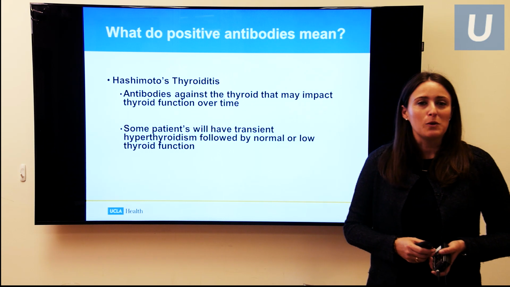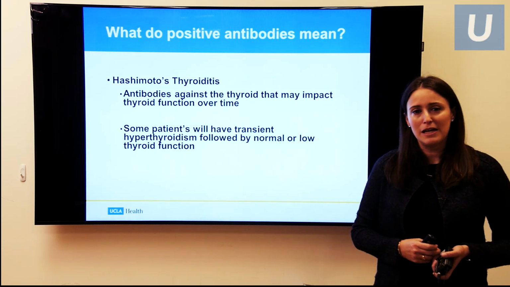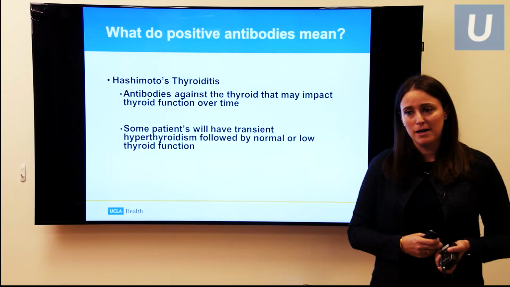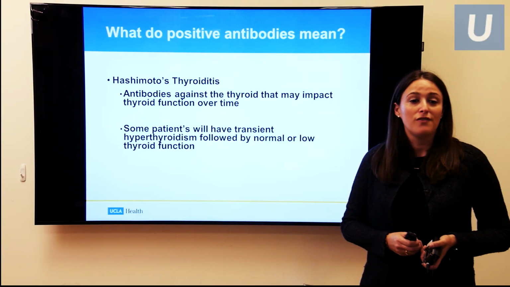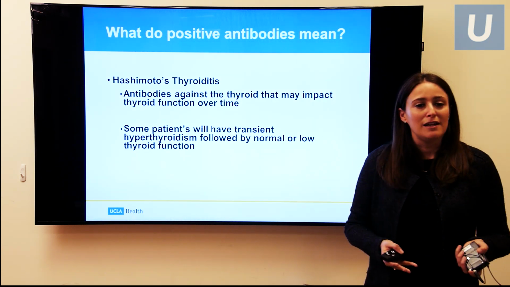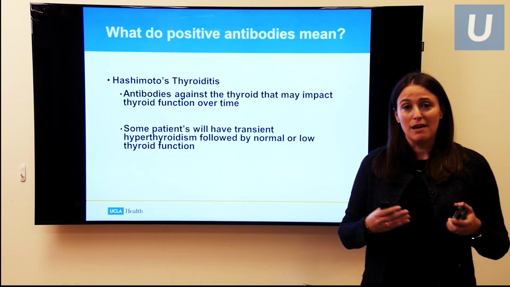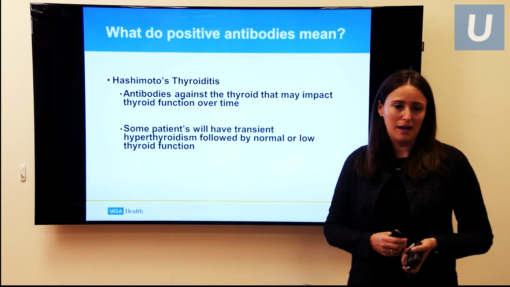So a question that we're frequently asked is, what do positive antibodies mean? And positive antibodies could be a thyroid peroxidase antibody or a thyroglobulin antibody. And those define Hashimoto's thyroiditis. And what that is, is a condition wherein antibodies exist against the thyroid that may impact thyroid function over time.